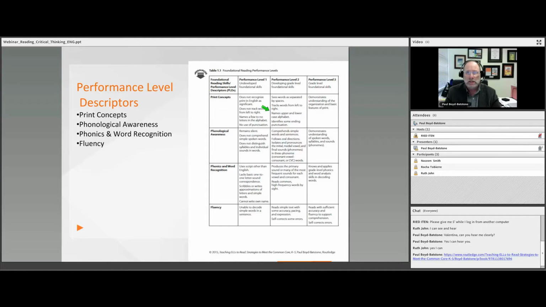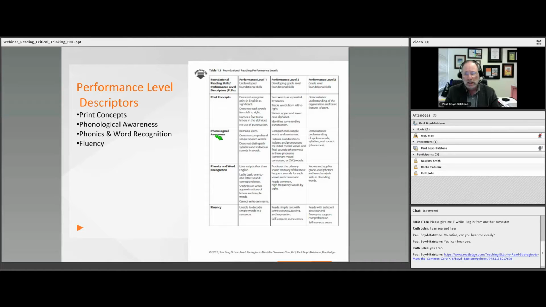These are all basic concepts related to reading, but a level 2 will have some of these skills, but not all in place. A level 1 student does not recognize print is significant and does not track words from left to right, and names a few or no alphabet letters, and probably doesn't know how to write his or her name, and there's no use of any punctuation.